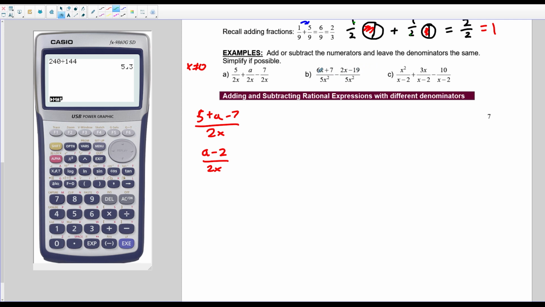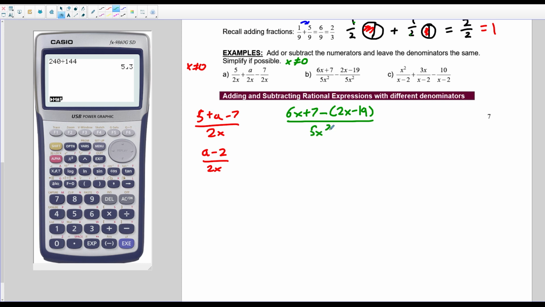For the second example, again, my NPV happens to be x cannot equal 0. We can go ahead and subtract our numerators, so 6x plus 7. And this is where it gets a little bit tricky. So I'm going to subtract the entirety of whatever's on top. I'd recommend that if you're a little bit uncomfortable with fractions, you can go ahead and subtract everything up top here and leave those in brackets.